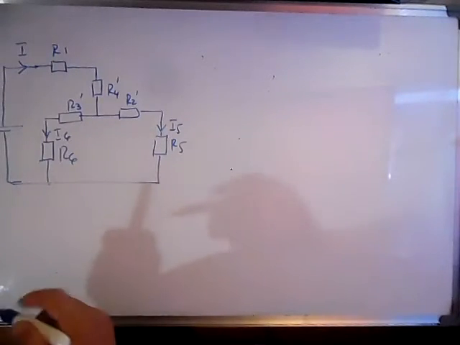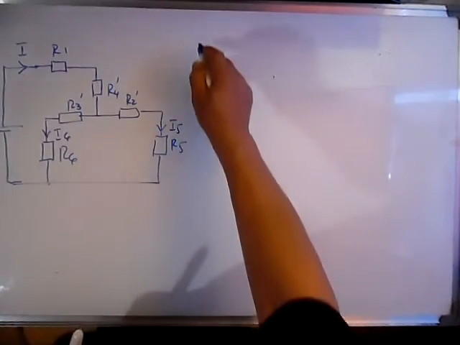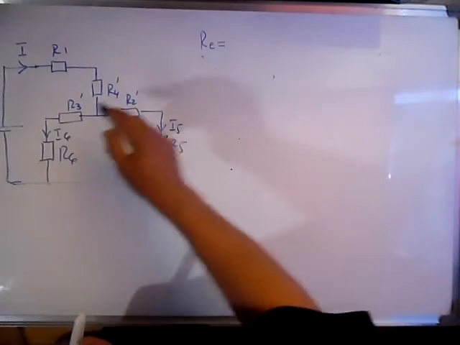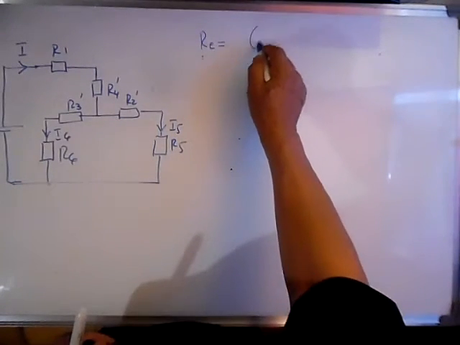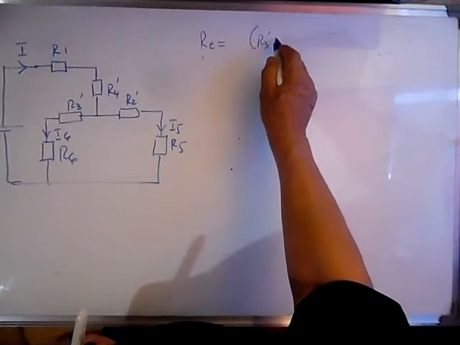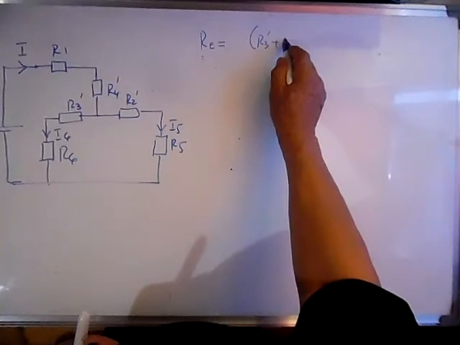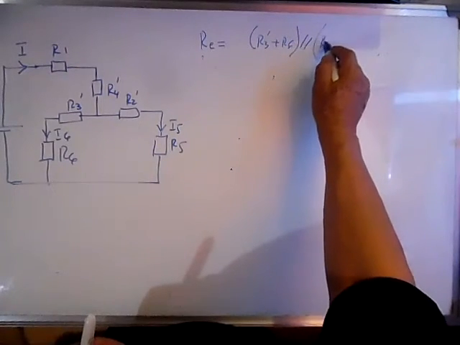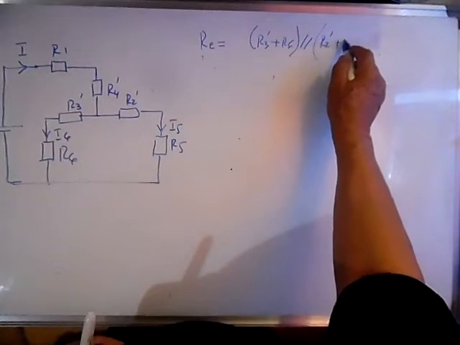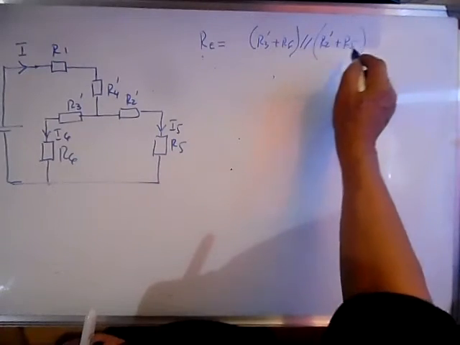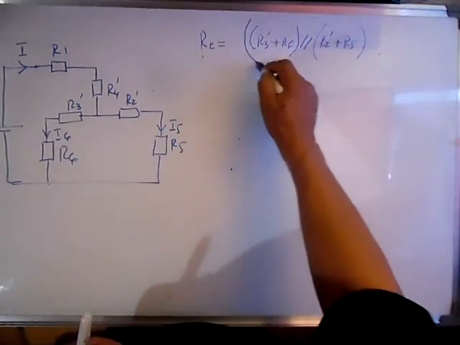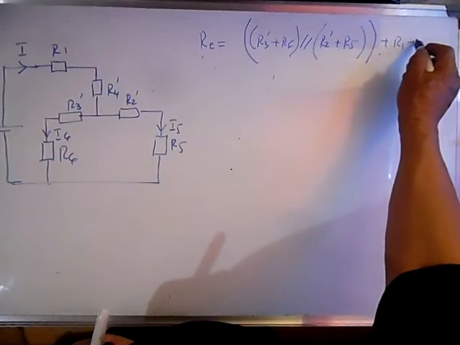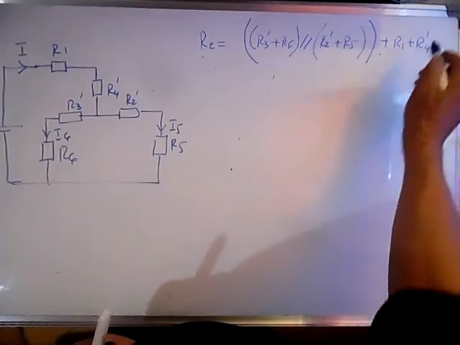So let's calculate the equivalent resistance. These are in series, R3 prime plus R6, that are in parallel with R2 prime plus R5, and the whole of these are in series with R1 plus R4 prime.